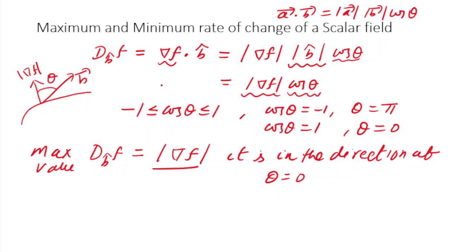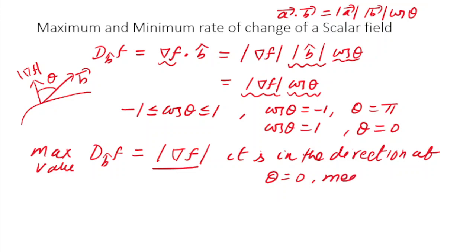Now I am saying that this directional derivative will be maximum when theta is equal to 0. So when theta is equal to 0, the vector b and the vector del f will coincide, meaning they will be in the same direction. So the maximum value is the magnitude of del f, and it is in the direction when theta is equal to 0.